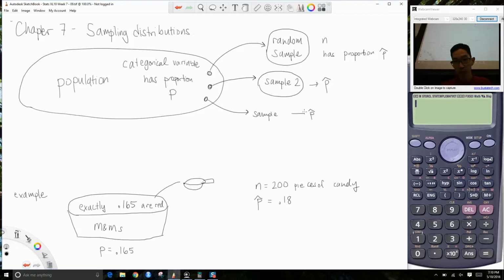We just continually repeat this process over and over again, repeatedly drawing samples. Every time we draw a sample, we calculate p hat and record it.